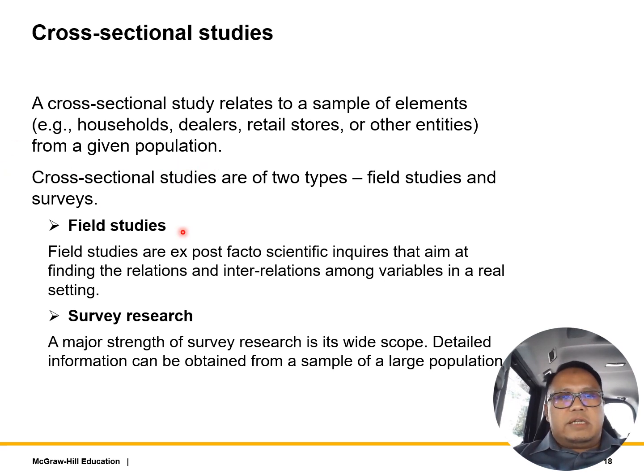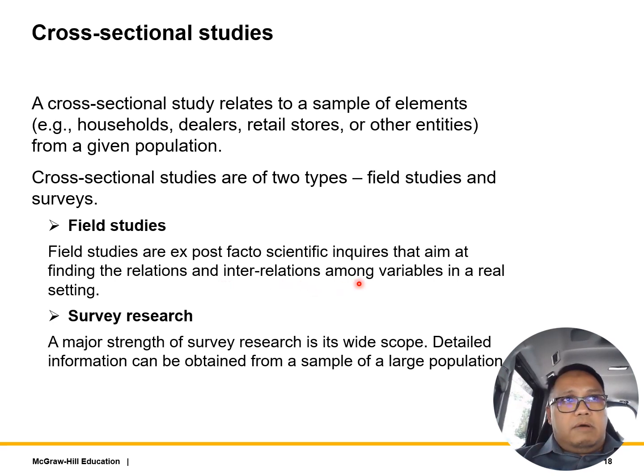There are two types of cross-sectional studies, namely field studies and survey research. Field studies are ex post facto scientific inquiries that aim at finding the relations and interrelations among variables in a real setting.